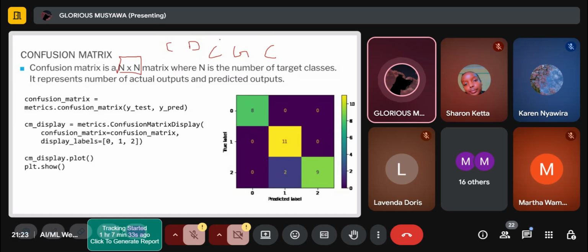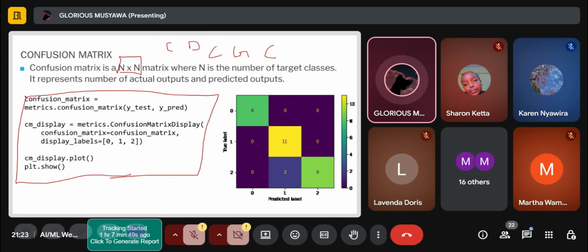I want to see when my model recognizes a cat as a cow, it matters. So it's an n by n matrix. This is just a small code snippet. For this slideshow, I've put code snippets that will help you as you navigate.